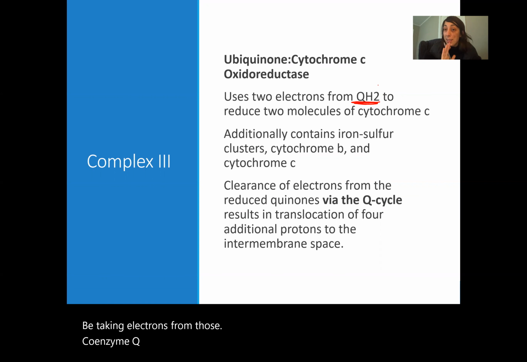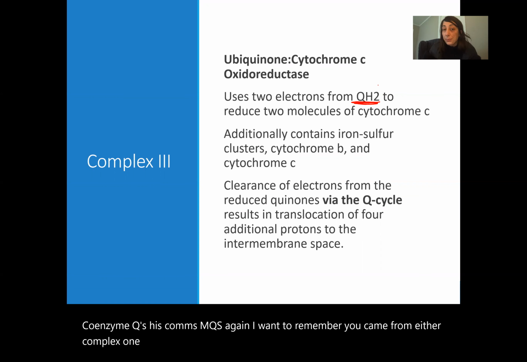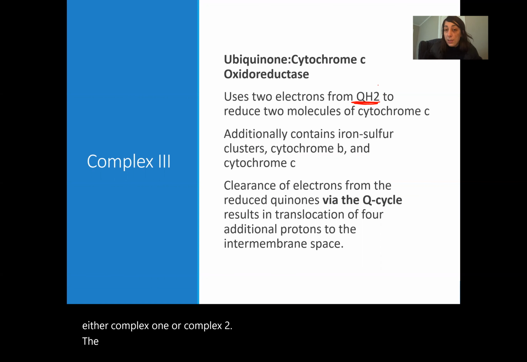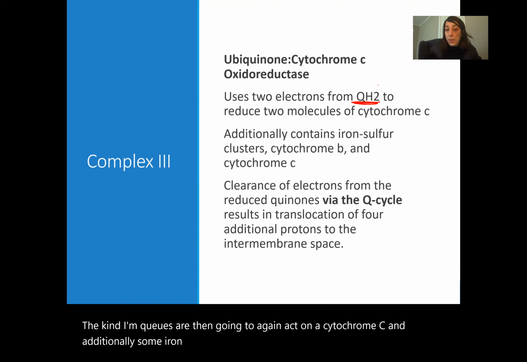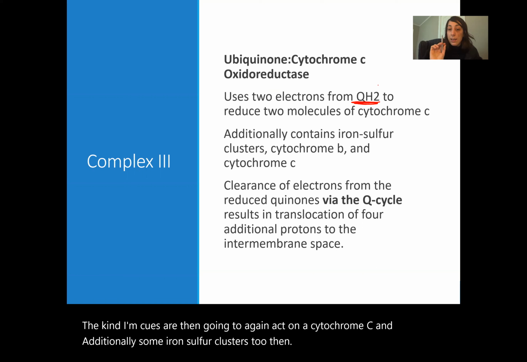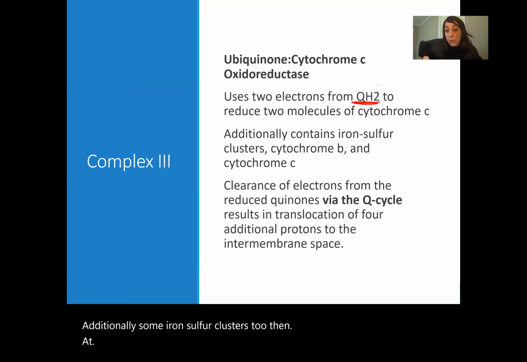Those coenzyme Qs, again, I want to remind you, came from either complex 1 or complex 2. The coenzyme Qs are then going to, again, act on a cytochrome C and additionally some iron sulfur clusters to then move more protons. Ultimately, they're going to move 4 more protons into the inner membrane space.